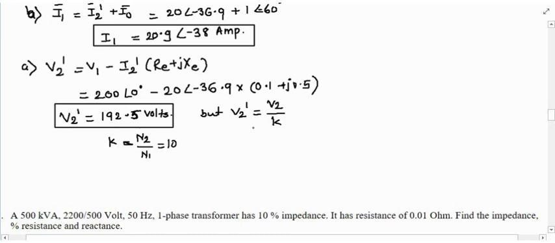So we know that V2 is equal to K into V2 dash. What is my K? K is 10 into V2 dash, which is 192.5. So I will get V2 as 1925 volts.